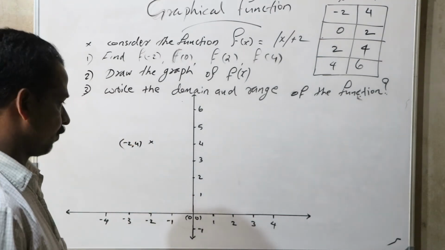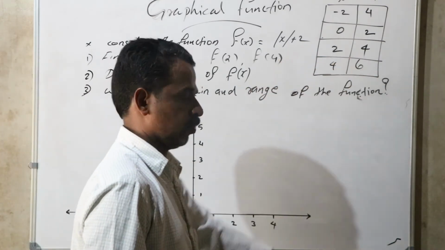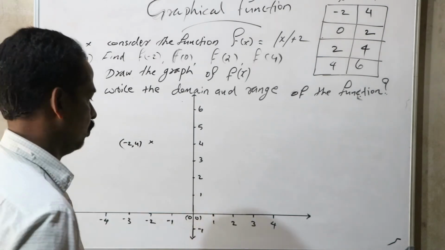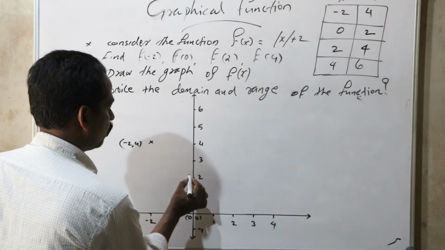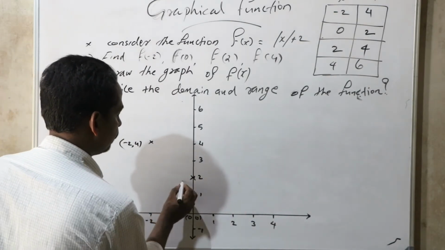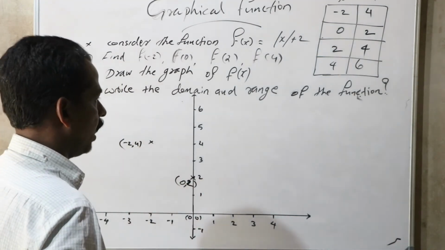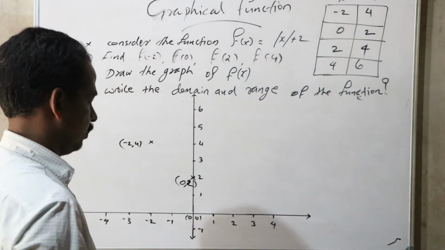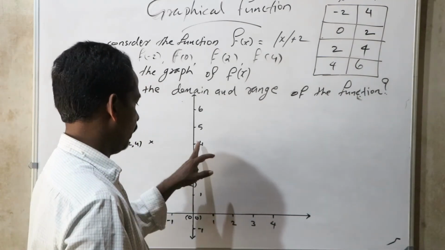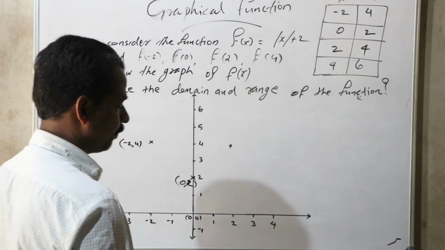Next we must find 0, 2. X is 0, y is 2. Here comes 0, 2. And the next point, 2, 4: x is positive 2 here and y is 4 here. Here comes 2, 4.